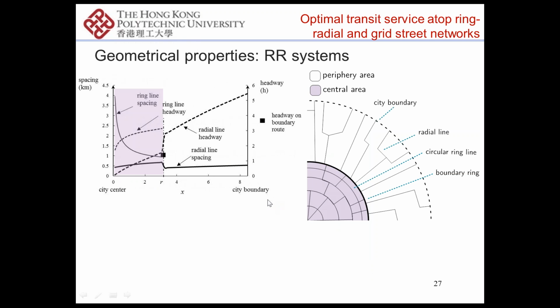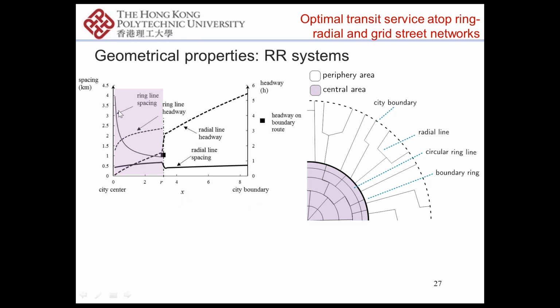Okay, now we look at the details of the optimal decision variables. First, for the ring-radial systems, how the line spacings and the headways change over the location. Here, the horizontal axis shows the location x from 0 to the city boundary, and this purple area indicates the central area.